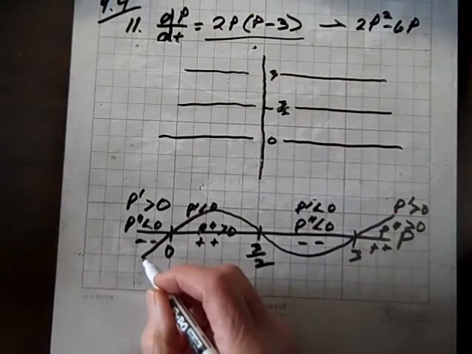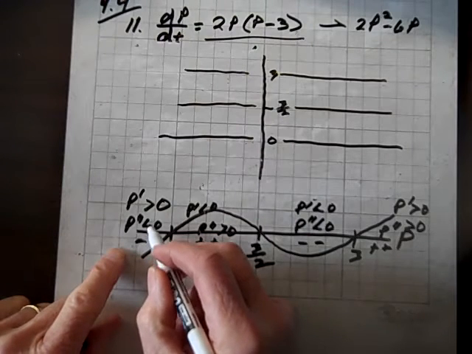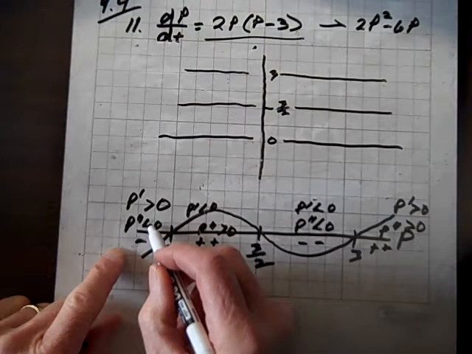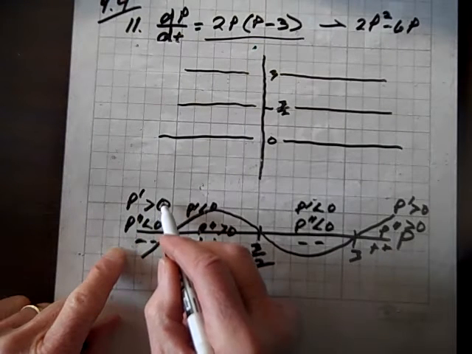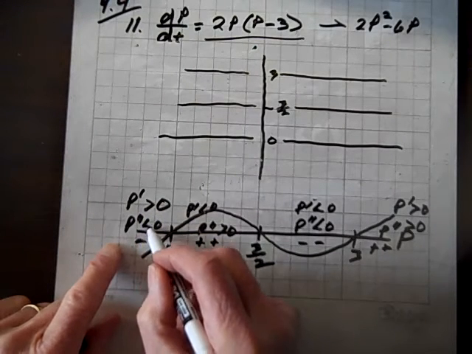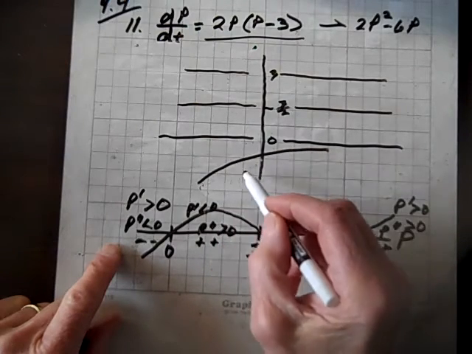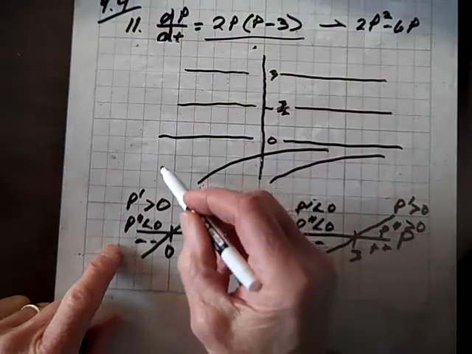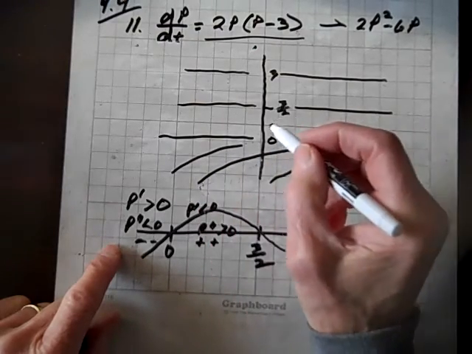And according to this, if we're below 0, then p prime is greater than 0, but p double prime is less than 0. So it's going to look like this. Concavity's down, but the slope is up.